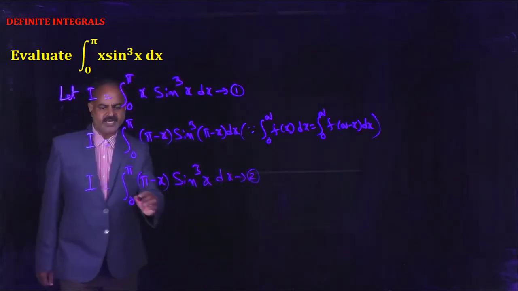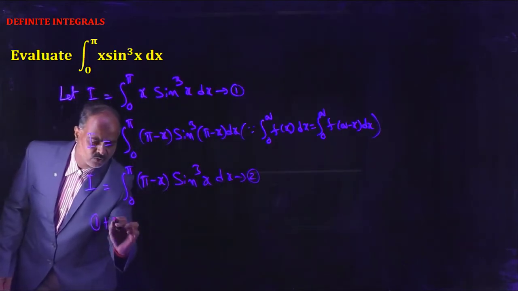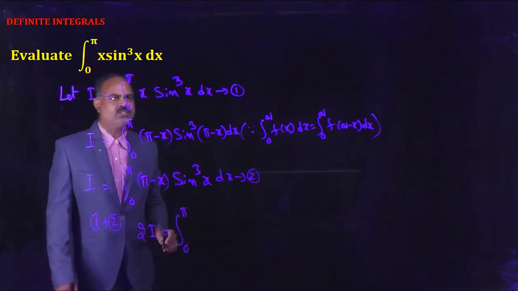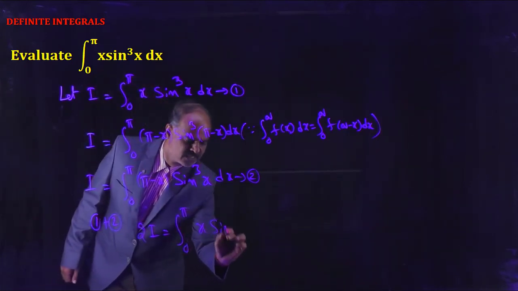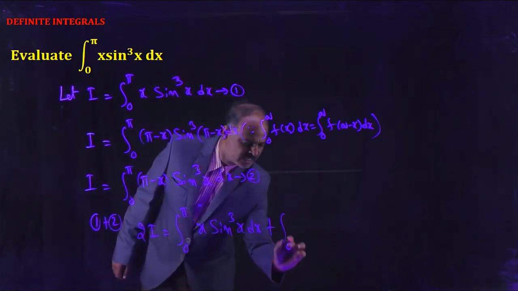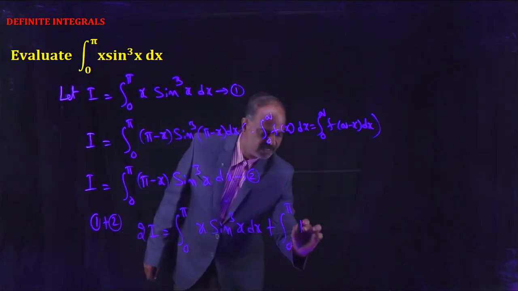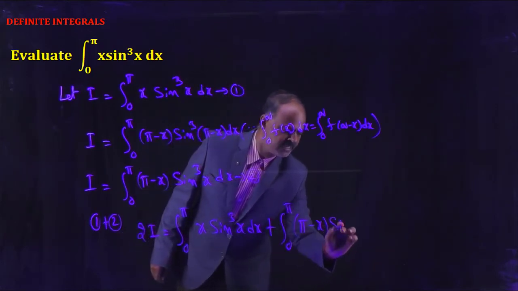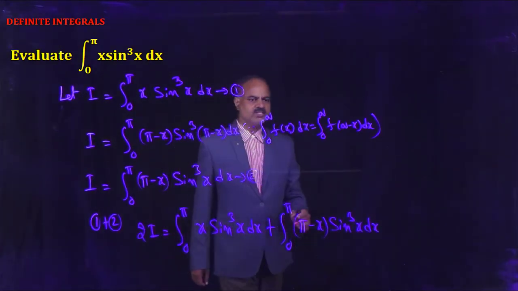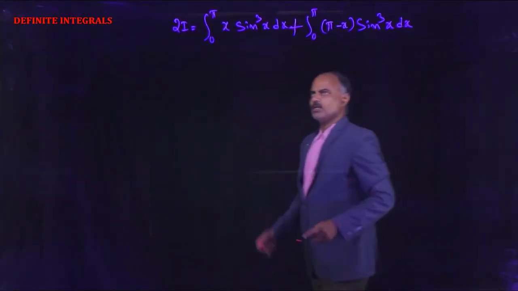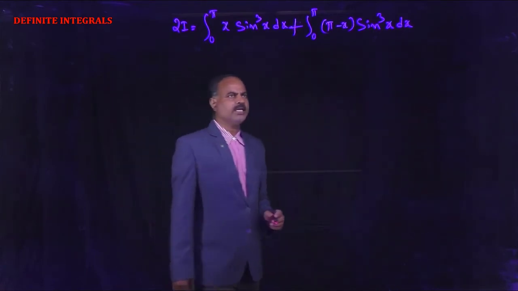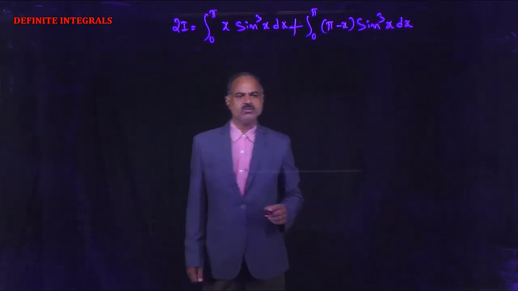Now adding 1 and 2, 2I is equal to integral 0 to pi x sine cube x dx plus integral 0 to pi of (pi minus x) into sine cube x dx.